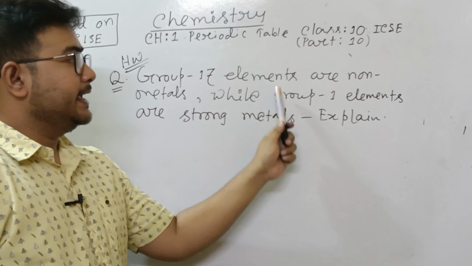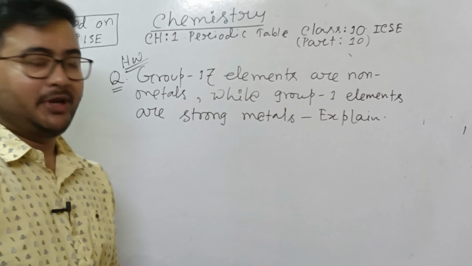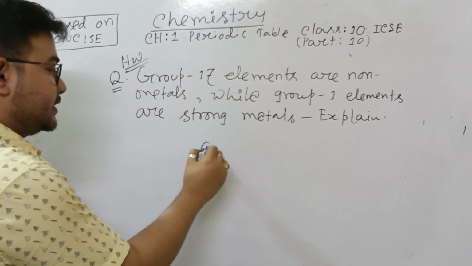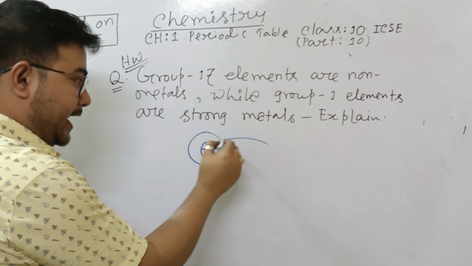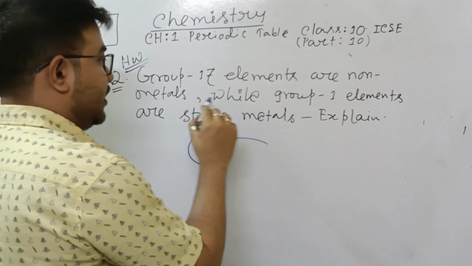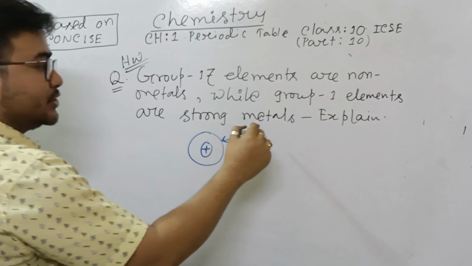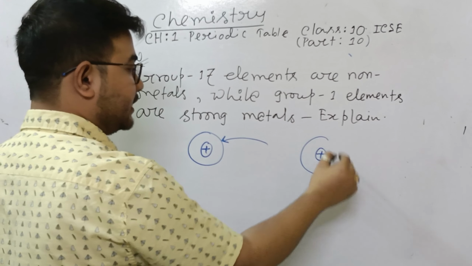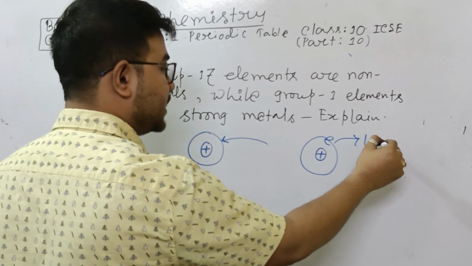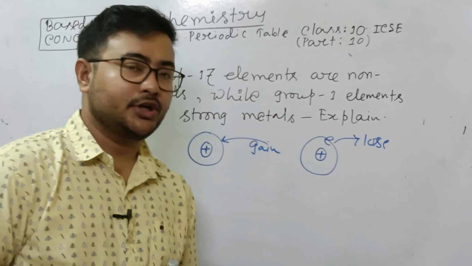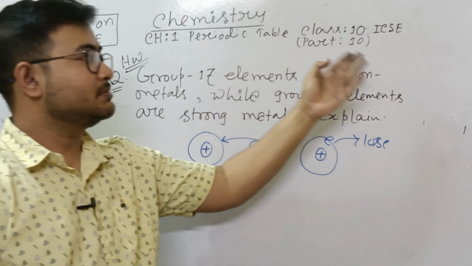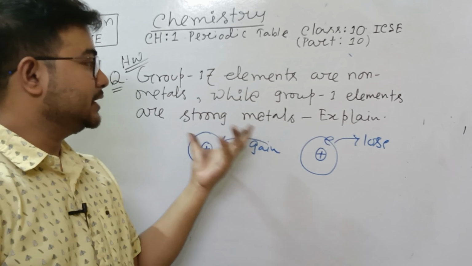Group 17 elements are non-metals. I already told what a non-metal is: it has a tendency to accept electrons, while group 1 elements are strong metals. Metal has a tendency to lose an electron. So it is a very important question. If you complete the previous parts, you can definitely answer that question.